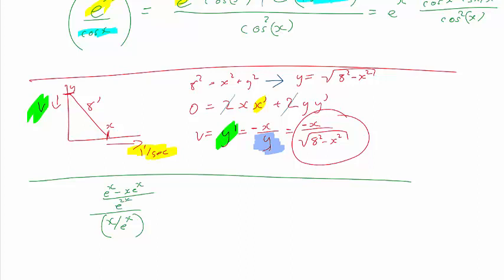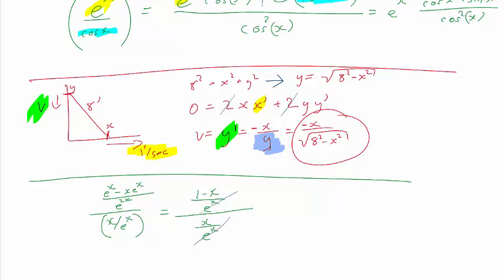We can simplify this rather quickly. First, this top fraction here, we can factor out an e to the x, and so we end up with 1 minus x over e to the x divided by x times e to the x. So we can factor these two guys out.